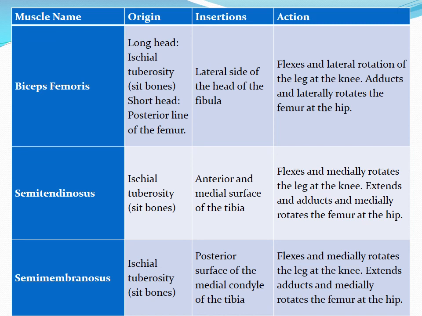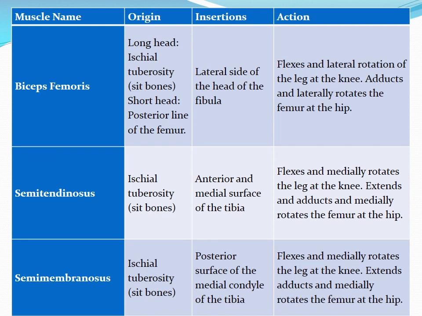The semitendinosus and the semimembranosus, both of them will also arise from that ischial tuberosity, the sit bones, and they are going to attach to the medial side of the tibia. They will both flex the knee. I want you to think of it as flexing. Don't worry about the medial rotation. Those are subtle movements.